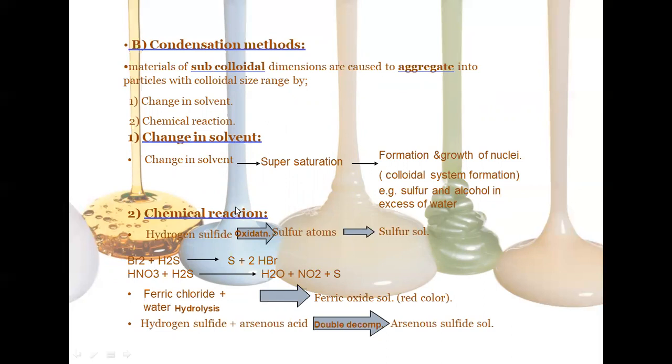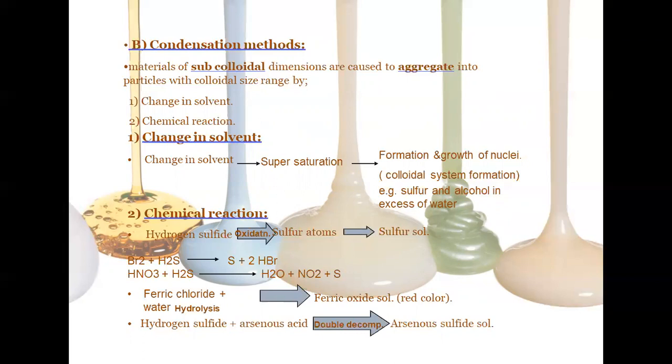Next, I have already told condensation methods. The materials of subcolloidal dimensions are caused to aggregate into particles within the colloidal size range by change in solvent or chemical reaction. So change in solvent, then supersaturation occurs, then formation and growth of nuclei, and the colloidal system forms.